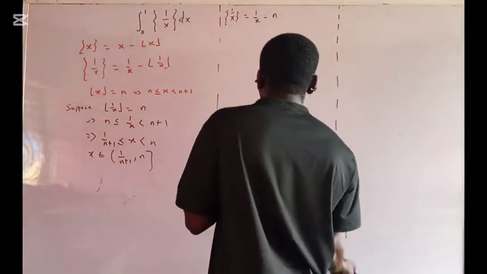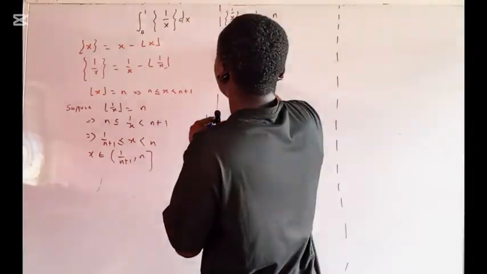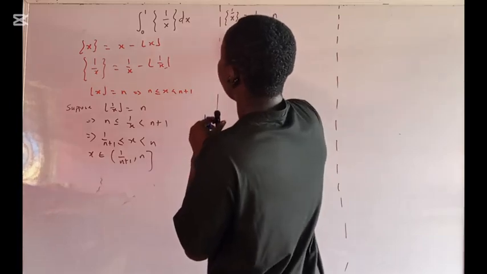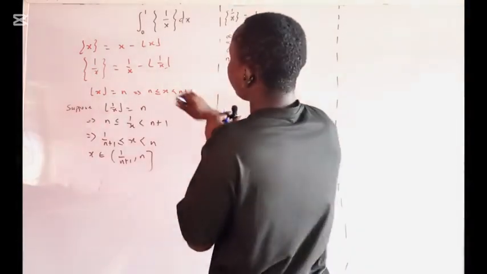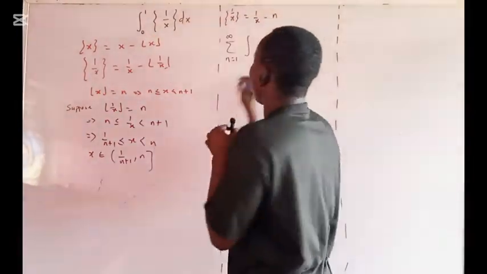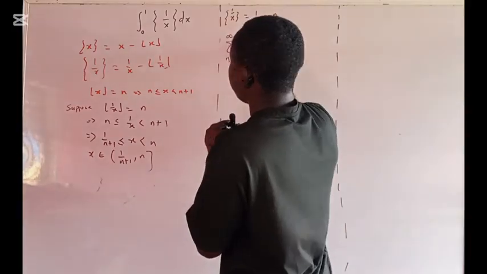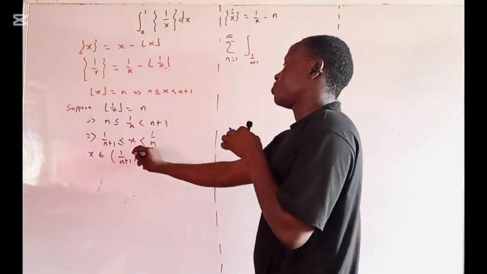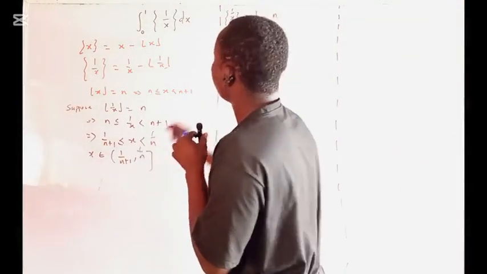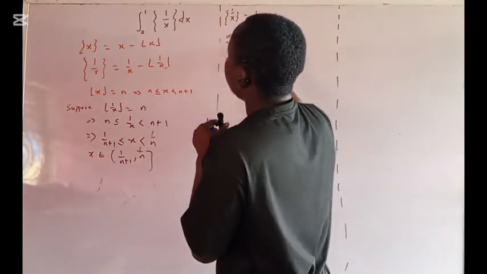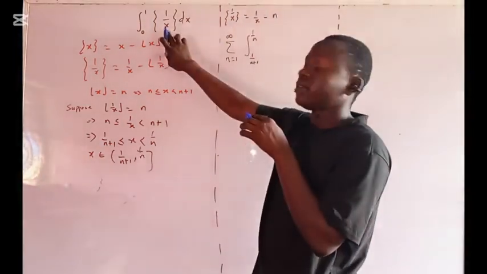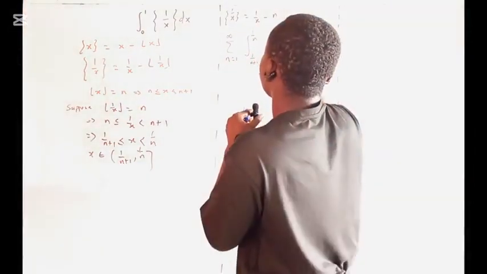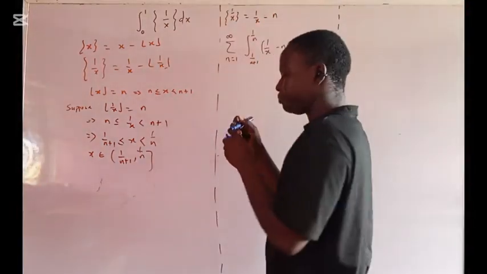We rewrite the integral as the summation of n from 1 to infinity of the integral from 1 over n plus 1 to 1 over n, since we are taking the reciprocal. Then instead of writing the fractional part of 1 over x, we have 1 over x minus n dx.